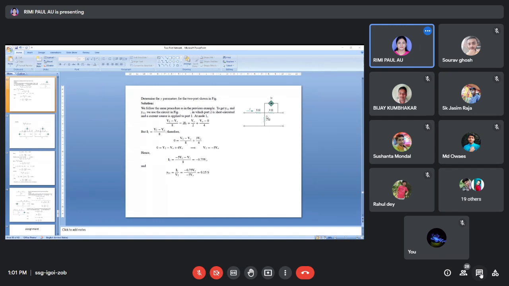You can see this is a very small circuit. You will get only 10 to 15 minutes to solve it, because as per the circuitry I'll check how much time is required, and based on this I will give another problem in the examination.